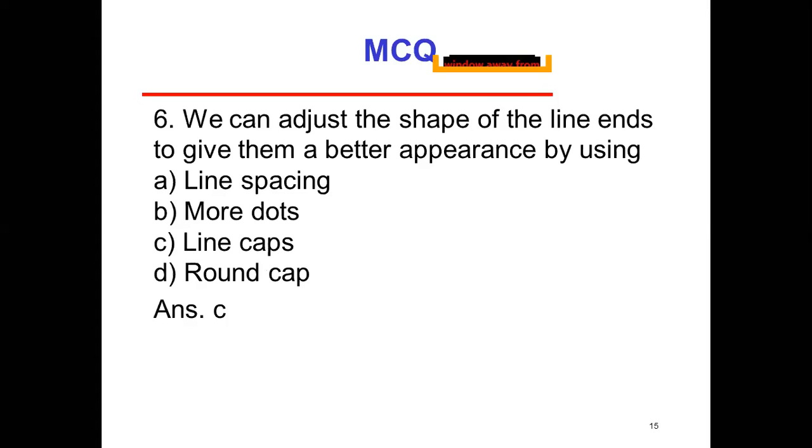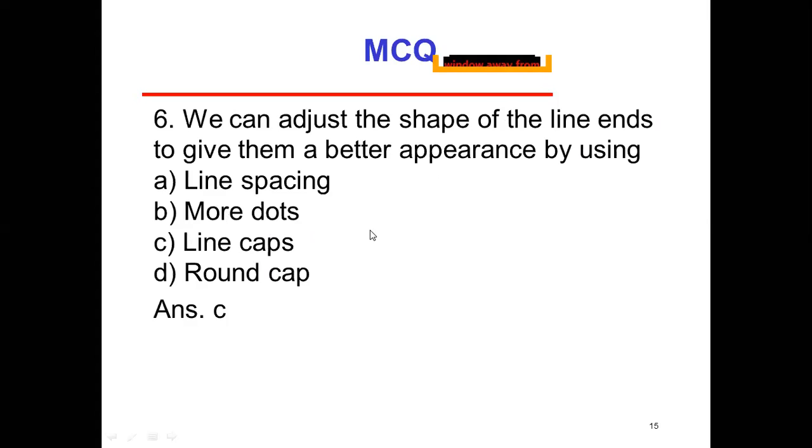Now the sixth question: we can adjust the shape of the line ends to give them a better appearance by using line spacing, more dots, line caps, or round caps. So we can adjust the shape of the line ends by using line caps.